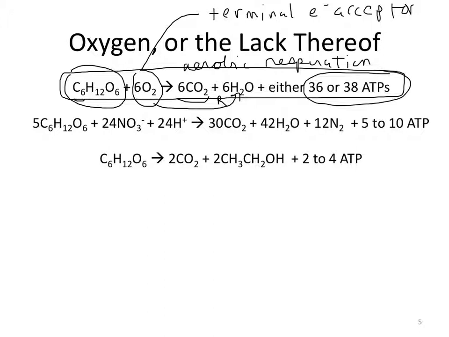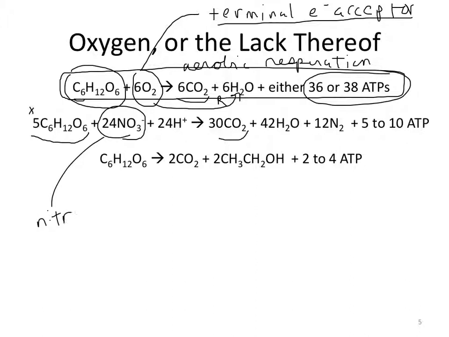Now, in the microbial world, there are many more possibilities with regards to what one can use as a terminal electron acceptor. So for example, the second equation here shows the oxidation of glucose to CO2 using nitrate as the terminal electron acceptor.